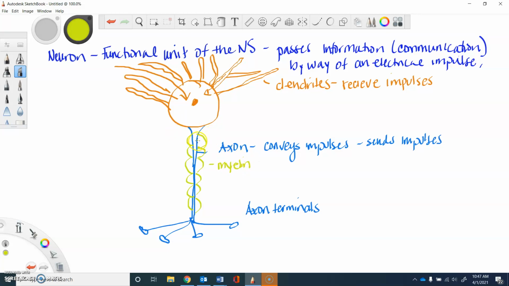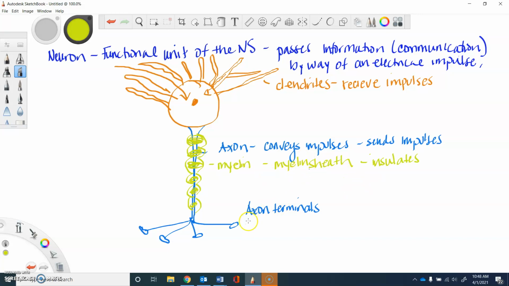And this whole thing all the way down is a myelin sheath. And that fatty substance kind of insulates it. It's kind of like the covering that's on your wires, on something that you plug in.